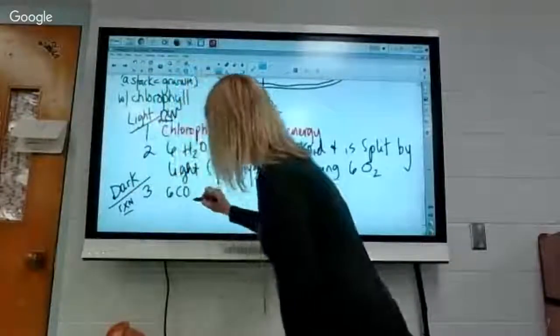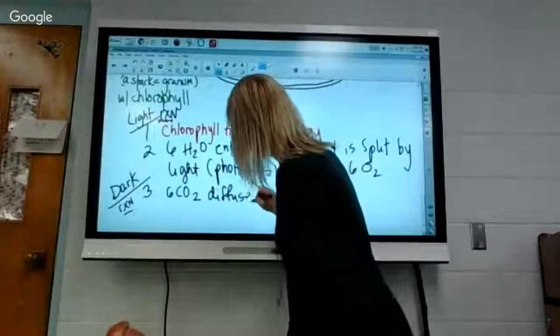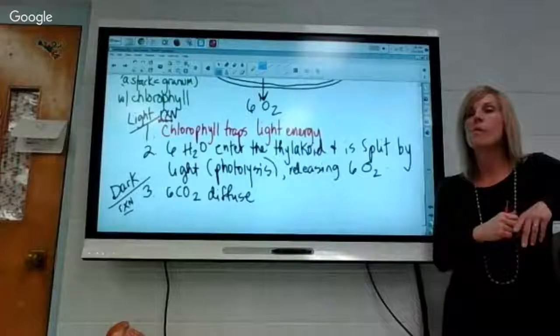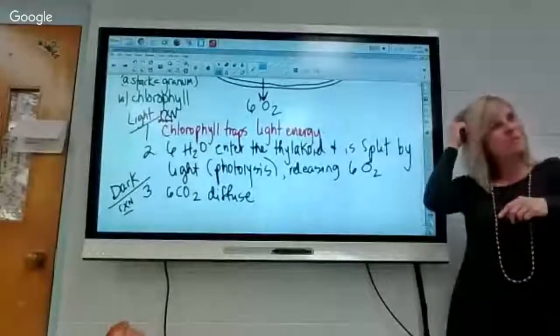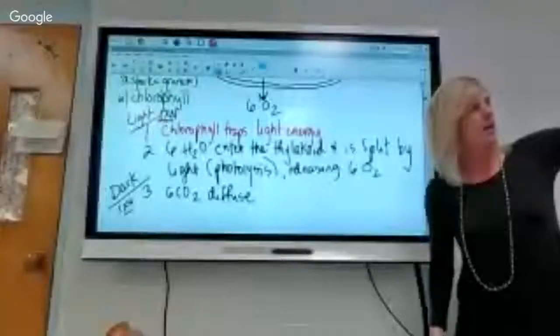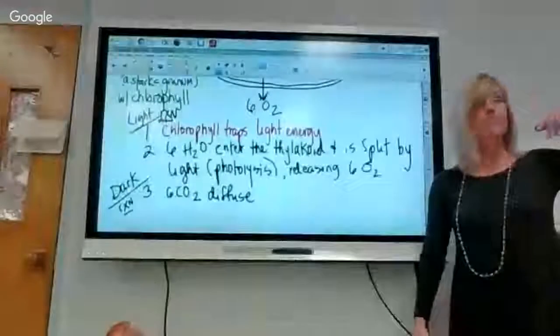6 CO2 fuse. Now, how did this CO2 get in there in the first place? What are the nostrils? The stomata, right? So, can the plants in that big tree out there without any leaves get any CO2? Can't.